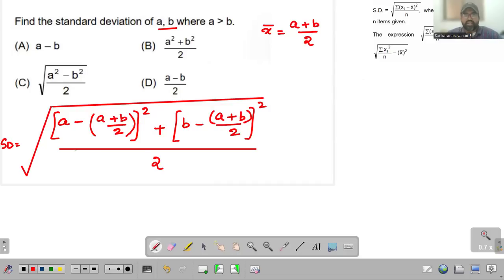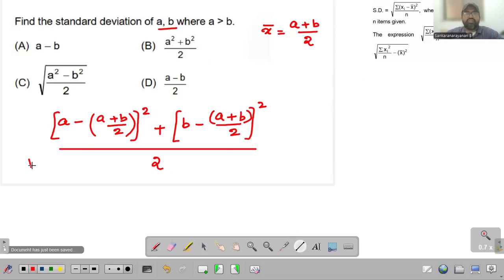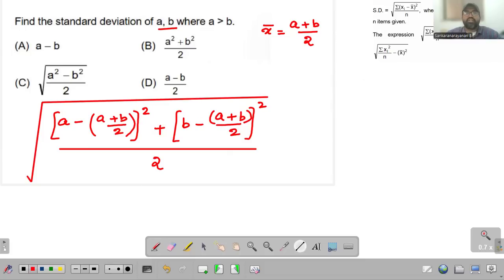This is the formula that you have to consider. Please make a note of how I have calculated it in a simplified way, and be aware that this 2 will be coming inside the square root. So this is nothing but our standard deviation.